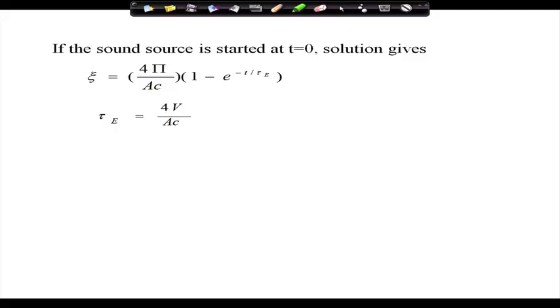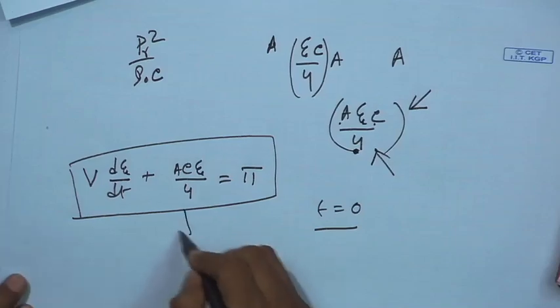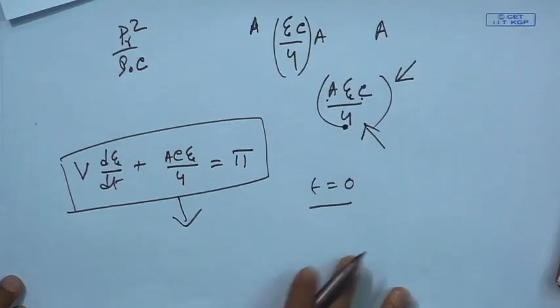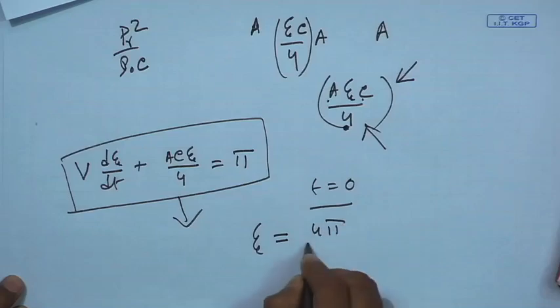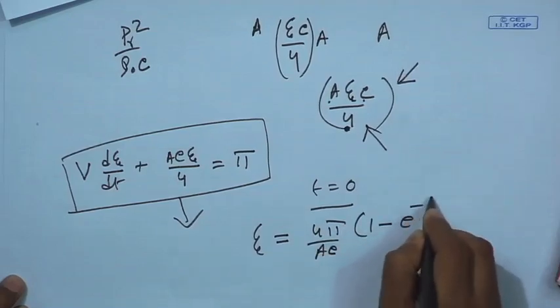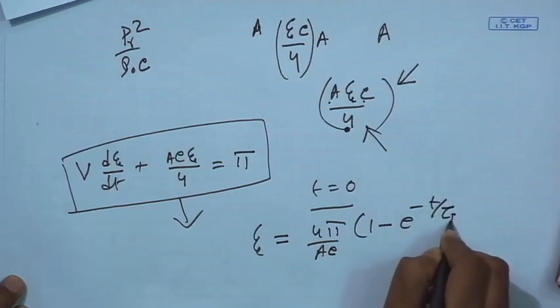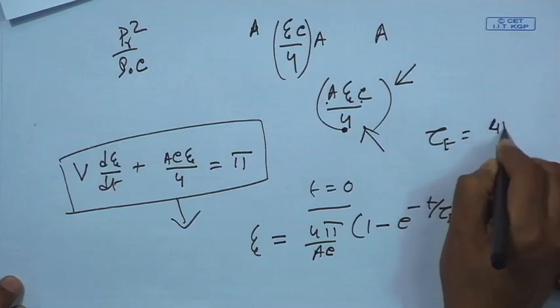Now, if the sound source is started at t equal to 0, I can get a solution. Before t equal to 0, there is no energy; it starts from 0. So I can get the solution with the initial condition at t equal to 0. Then the solution will be psi equal to 4 pi by AC into 1 minus e to the power minus t by tau e, where tau e is nothing but 4V by AC.